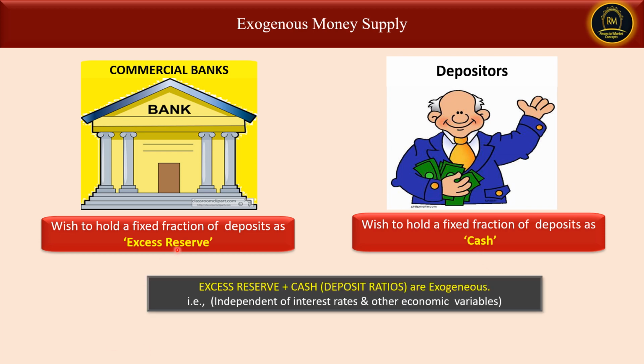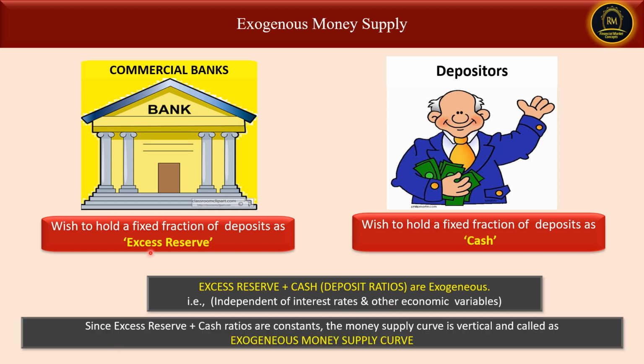So the excess reserve kept by the commercial banks and cash in hands kept by the depositors are considered as exogenous. That is, they are independent of interest rate and other economic variables.